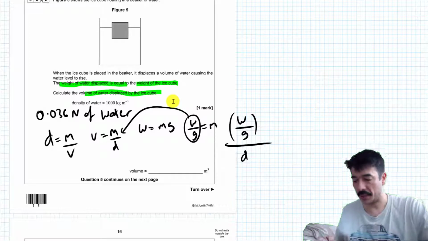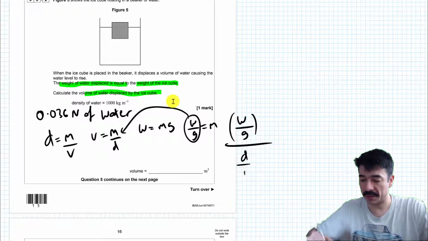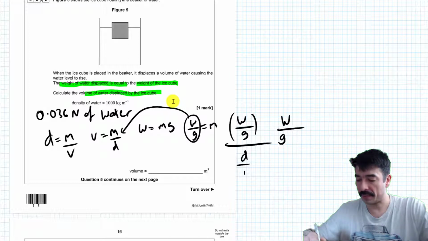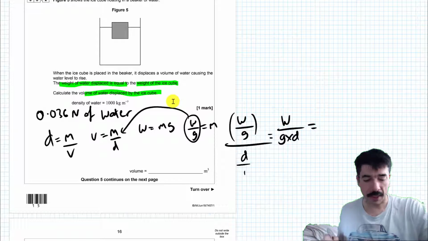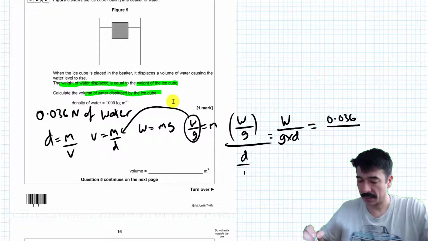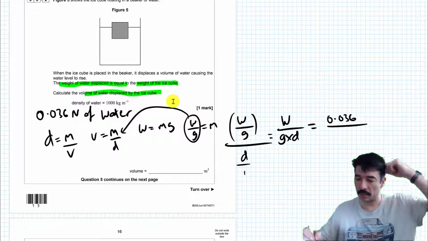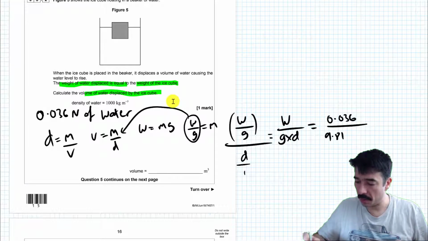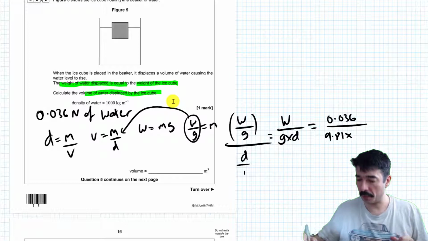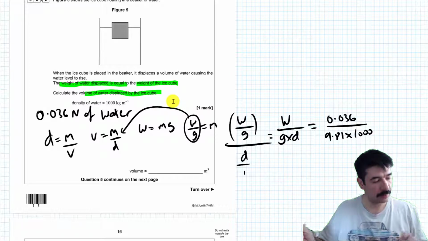Now this is one term, so I'm going to bring this up and invert it. So it will become weight over gravity times density. And then I should be able to work this out. So it's 0.036 divided by gravity, which is 9.81, multiplied by the density of the water, which is 1000.